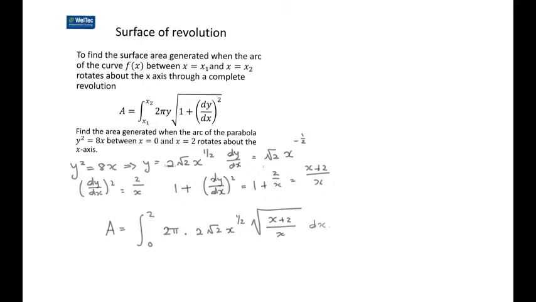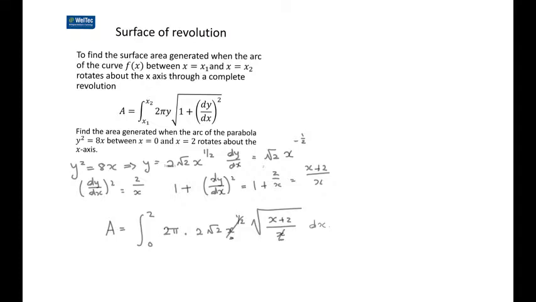We would be best to put the numbers outside and rewrite the x plus 2 over x to the power of a half. Notice also we've got an x to the half outside the square root sign, and an x to the half inside, so that's going to cancel.